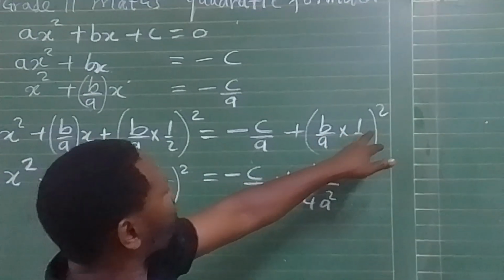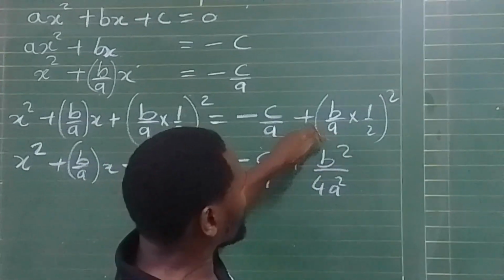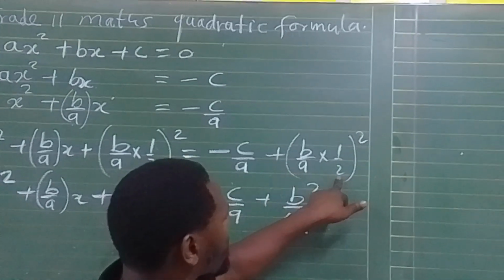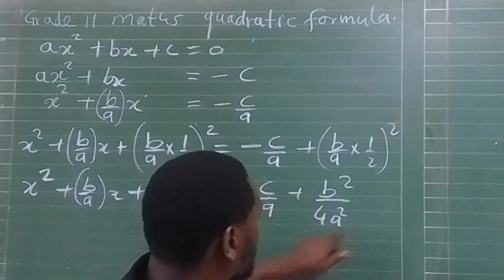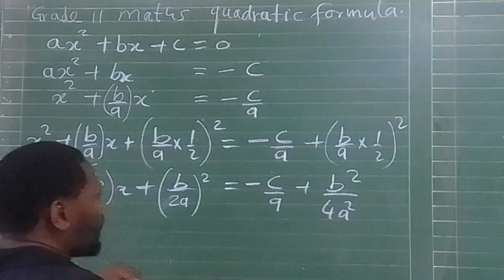How do we come about that? b times b is b squared, and then 2a squared is going to be 4 multiplied by a squared. This is how we came about it.